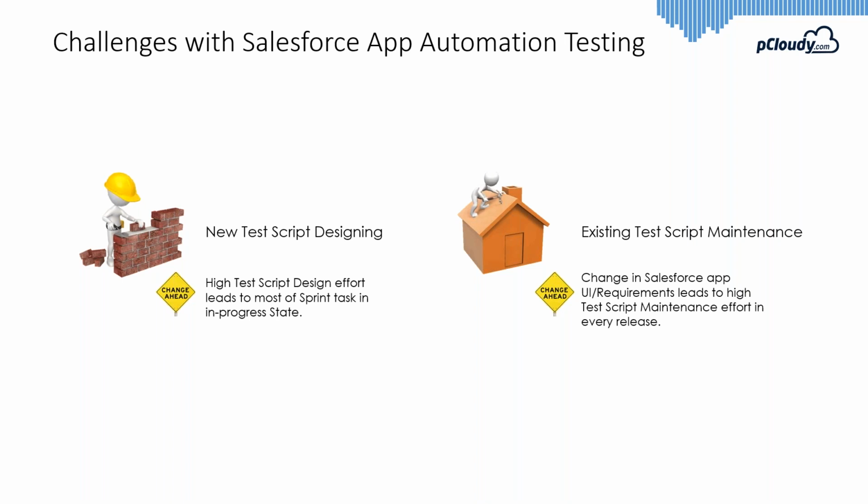The second is existing test script maintenance, which is again a challenge users face while doing automation on the Salesforce app, because a new release changes the complete UI, and that becomes an overhead in terms of maintaining those scripts.